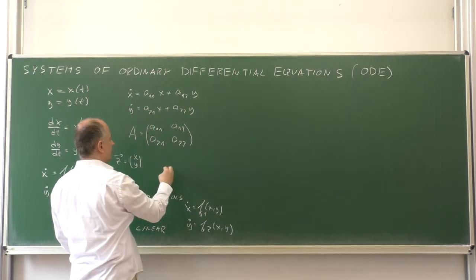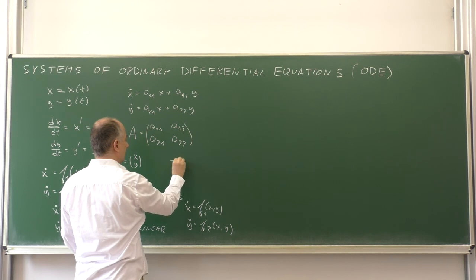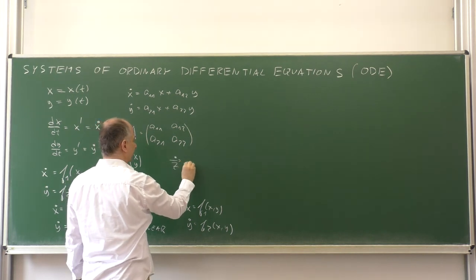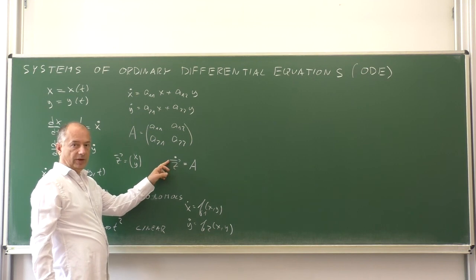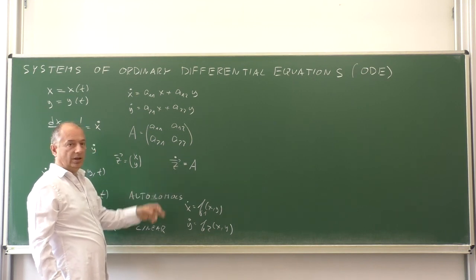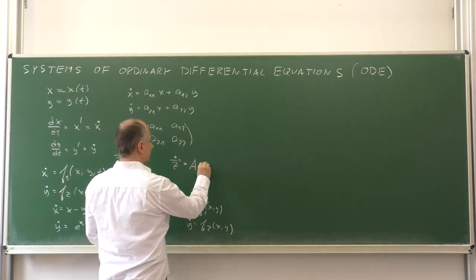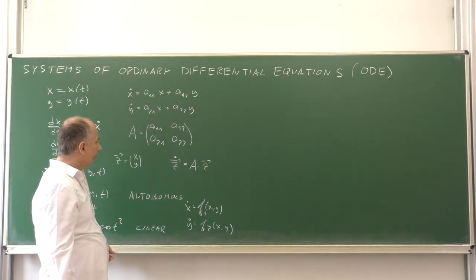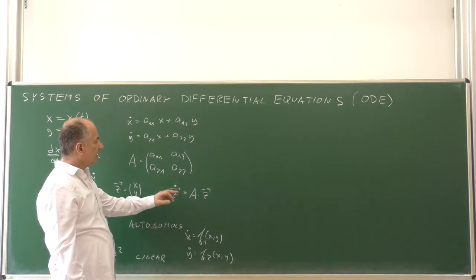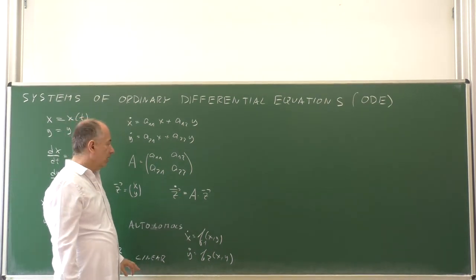And then such a system can be described with the differential equation z arrow, meaning vector, dot, meaning the time derivative, is equal to the matrix A times z. And we will discuss this system in more detail now.